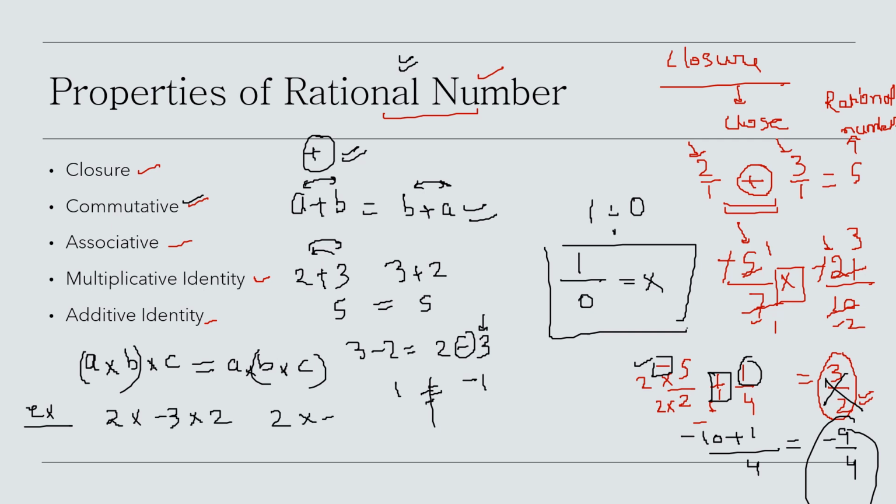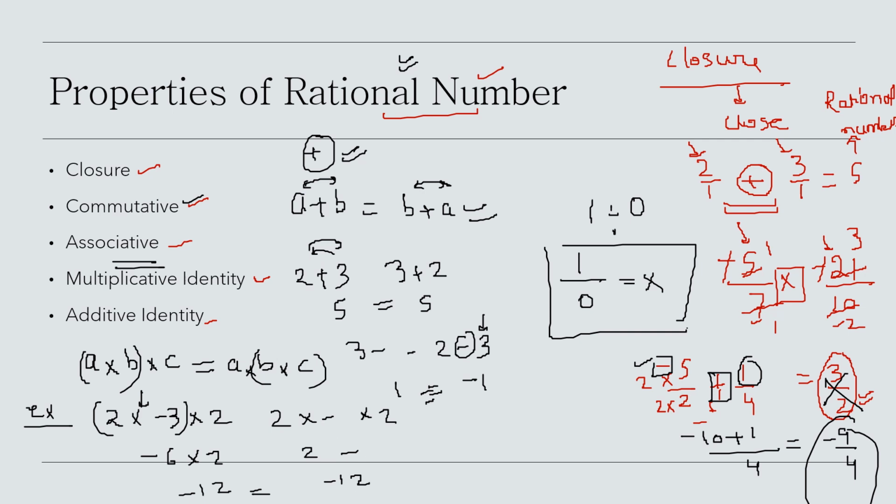Firstly I am multiplying 2 into minus 3, what is it? 3 twos are 6, minus 6 into 2, that is minus 12. Now I am multiplying the last 2 with minus 6, that is minus 12. So we will say that for multiplication and for addition, associativity holds. Associativity is there. Correct?